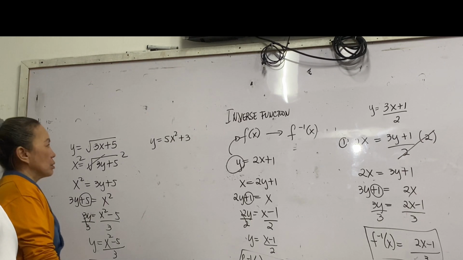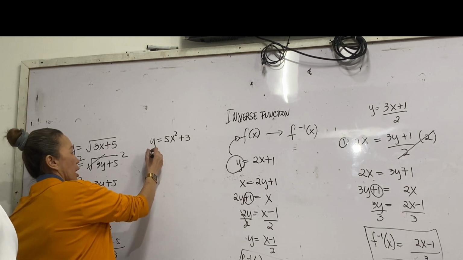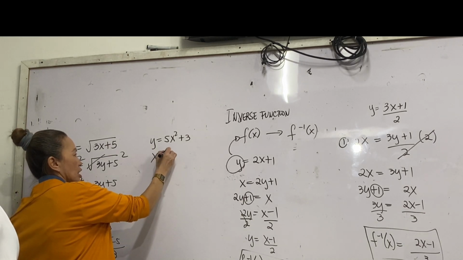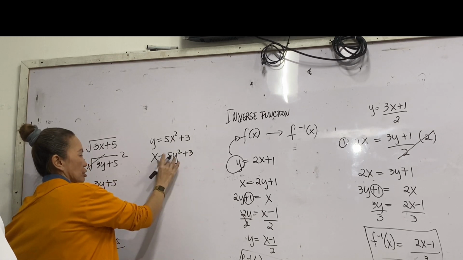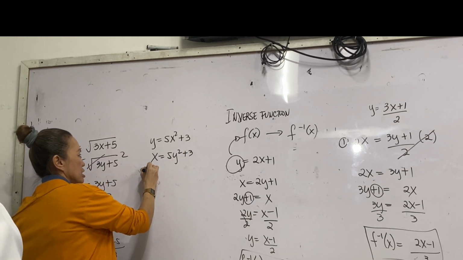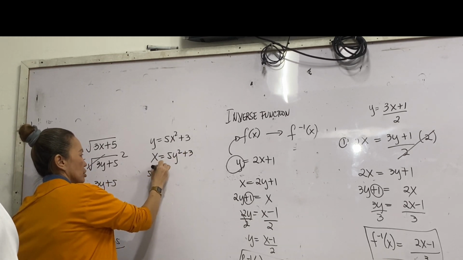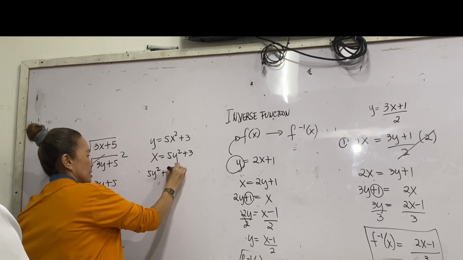So what we're going to do, so we have x is equal to 5y squared plus 3. And dito, interchange. 5y squared plus 3 is equal to x.